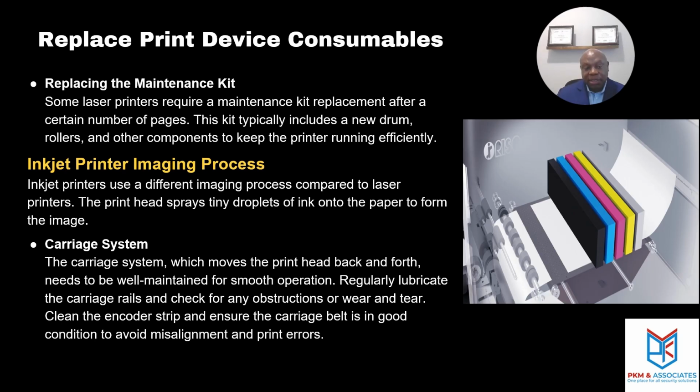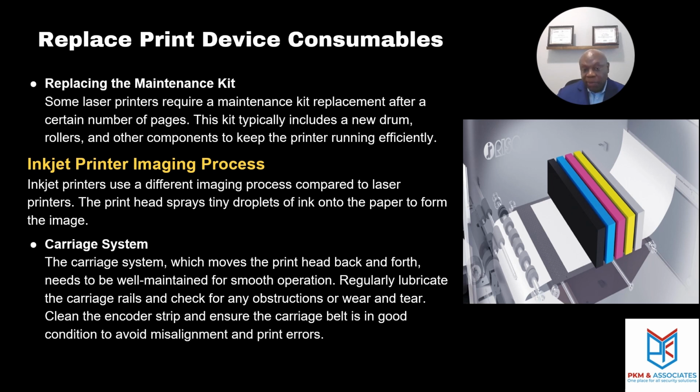Inkjet printers use different imaging processes compared to laser printers. The print head sprays tiny droplets of ink onto the paper to form the image. Now you have the carriage system, which moves the print head back and forth and needs to be well maintained for smooth operation.